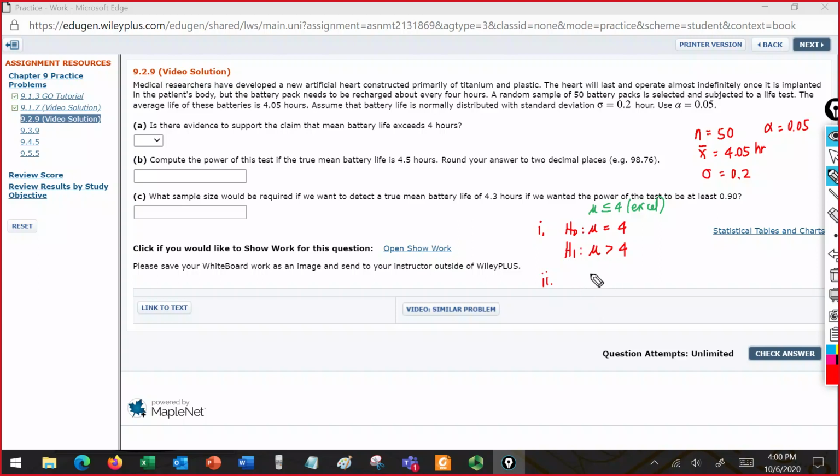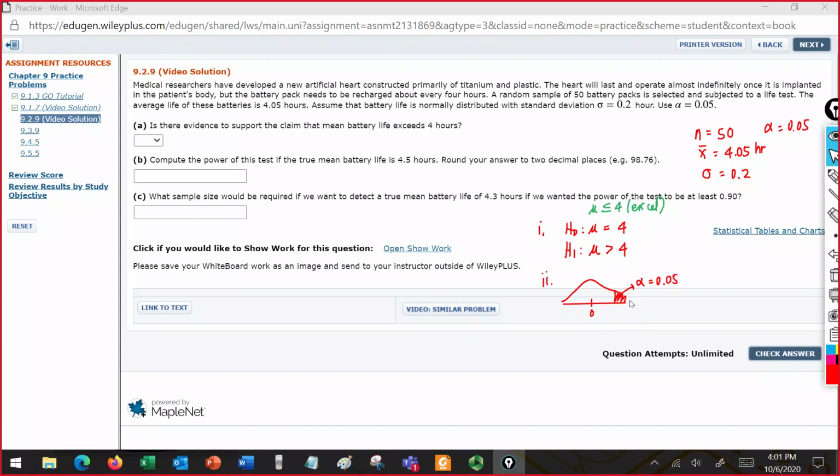As suggested by the alternative, the critical region is on the right. So the area to the right is the level of significance for what value?